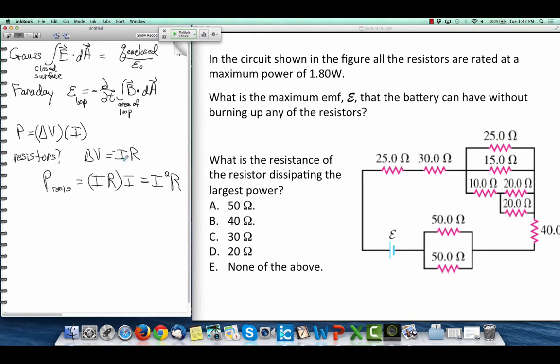If I just put in delta V equals IR, then I find that the power is I squared R. For me, that's the most useful way to think about the power in a resistor: it depends on the resistance, and it depends on the current in a big way. It depends on the square of the current.